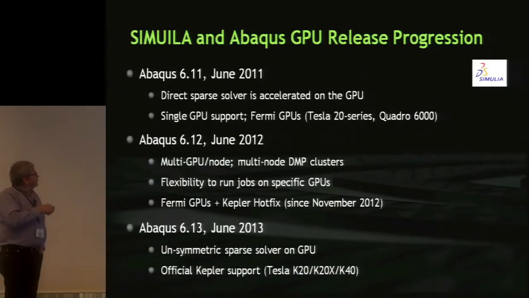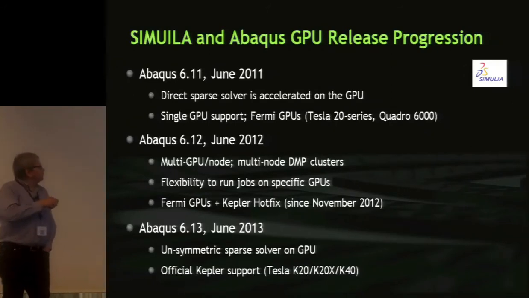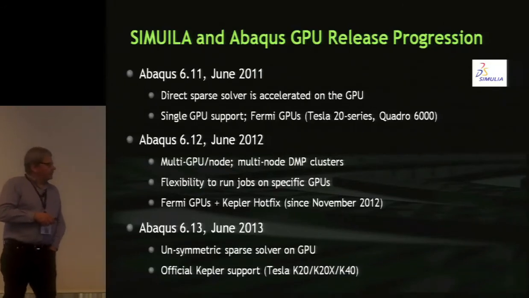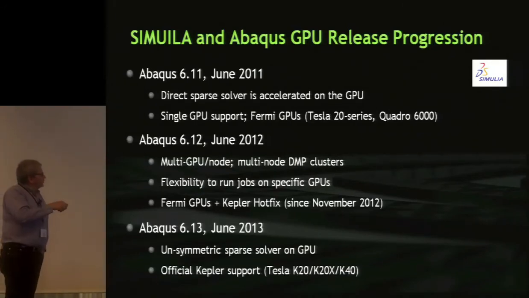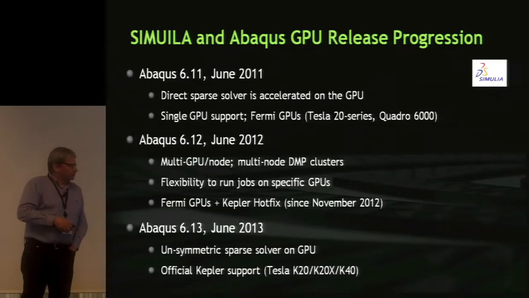So for instance the Tesla 20 series or also the Quadro 6000. In version 6.12 in June 2012, multi-GPU support and multi-node support were added, and also at this time the Kepler came out, and SIMULIA provided a Kepler performance optimization fix, which was fully integrated in version 6.13, the current version.